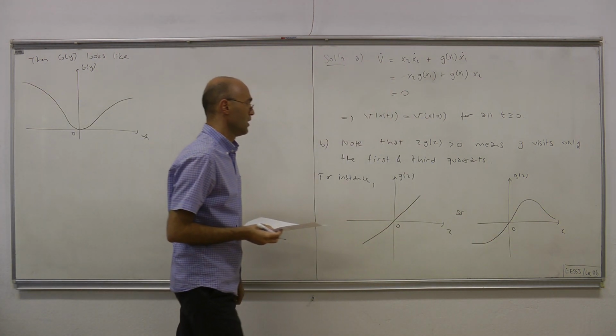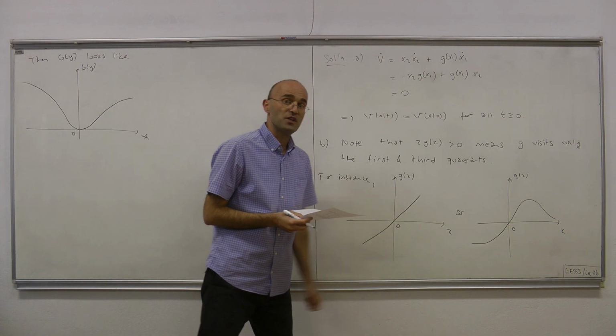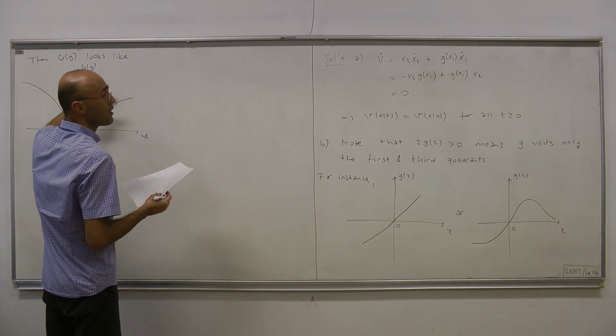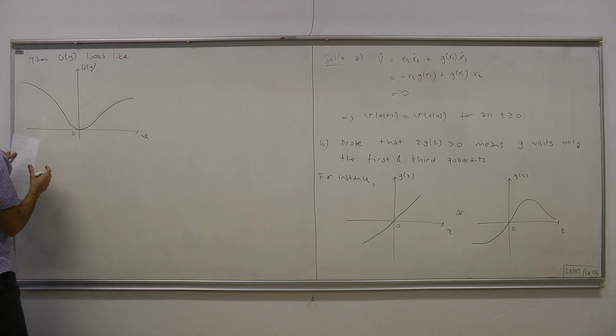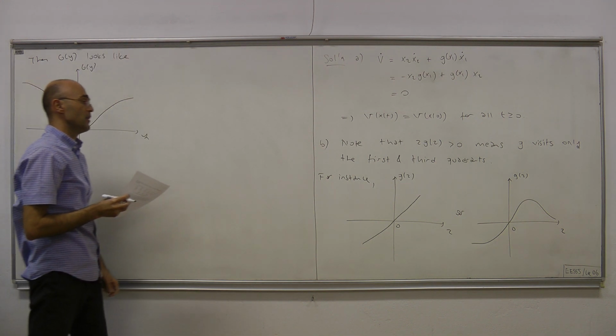For g of z equals z, it will be 1/2 y squared. It will be just a parabola going up to infinity on both sides.